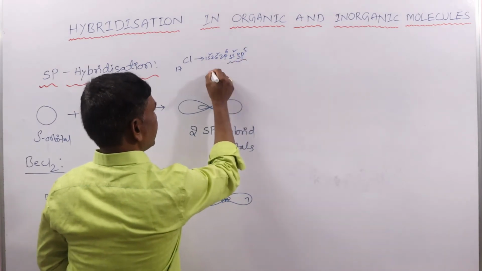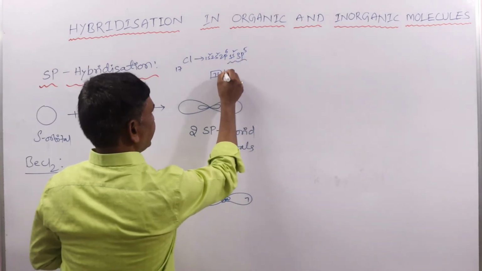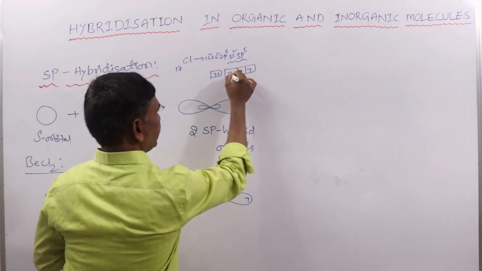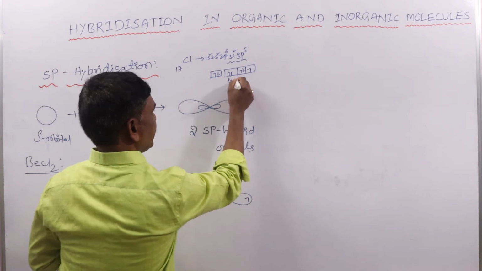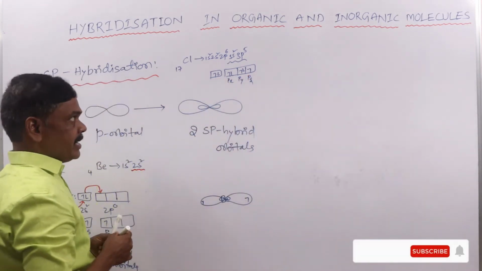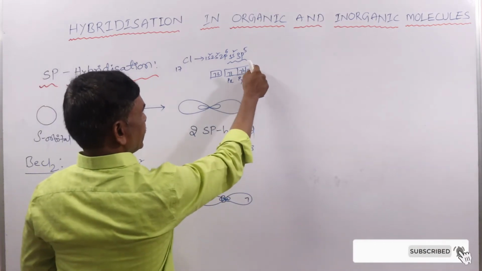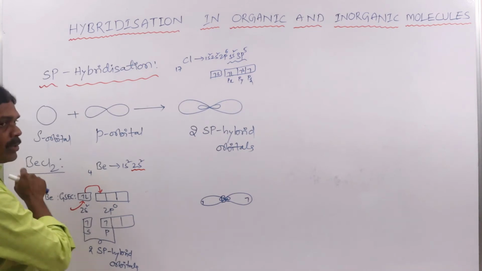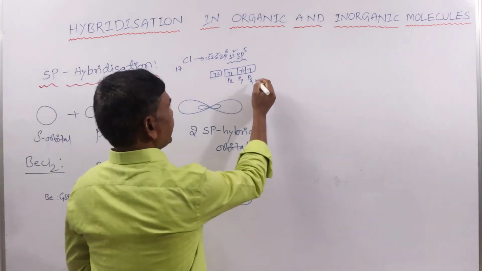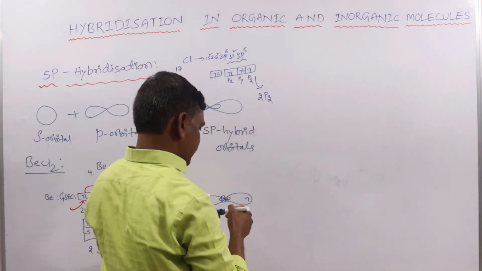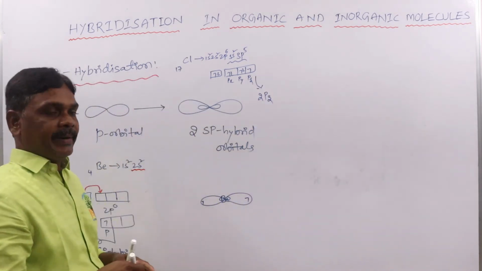The outermost configuration is 3s2, 3p5, with orbitals px, py, pz. In the pz orbital we have one unpaired electron. Two chlorines are there, so we get two pz orbitals.